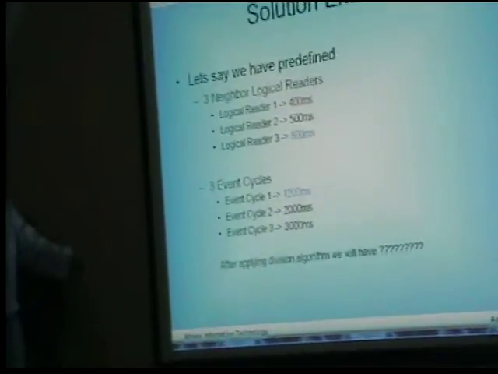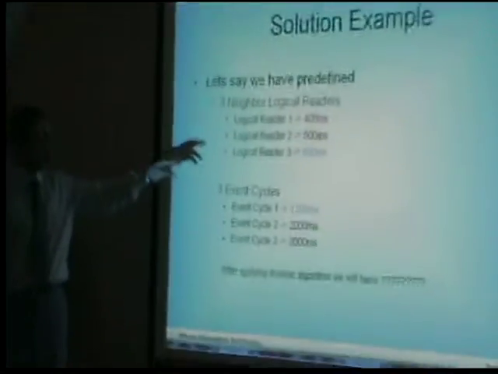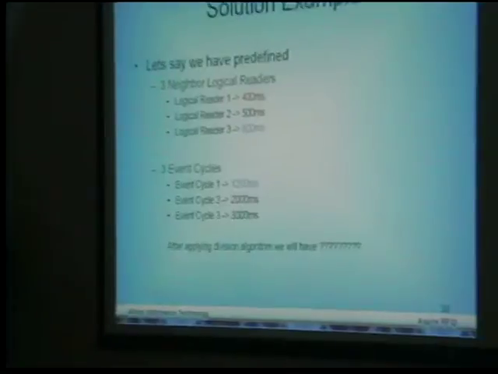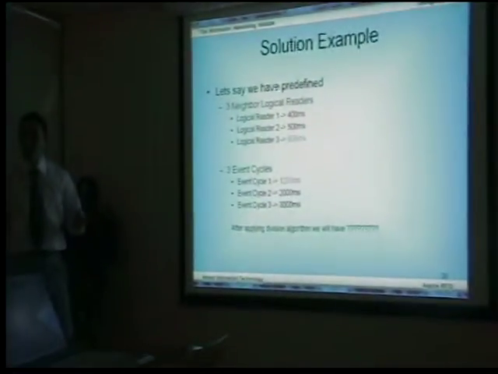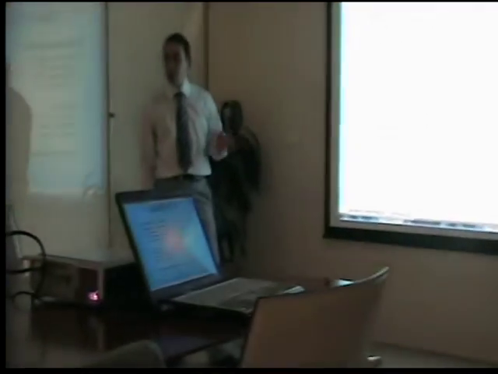But because we have 3 readers, when it divides 1,200 by the number of readers, each one will get the value of 400. But 400 is lower than our specified boundary, so it will automatically update the first event cycle to 1,500.